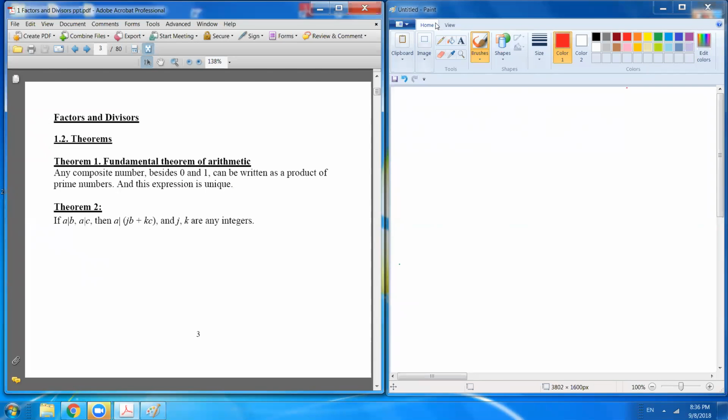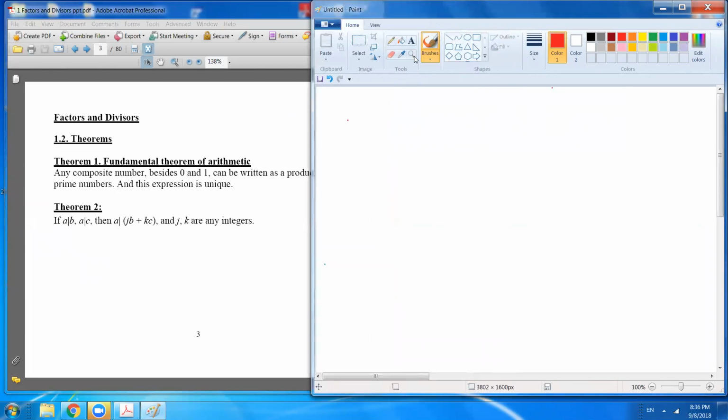Now I want to talk about this theorem. If A divides B, and A also divides C. And what do you see here? What is this?